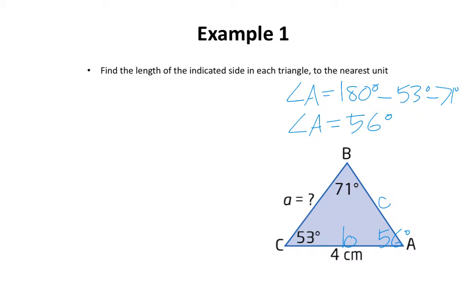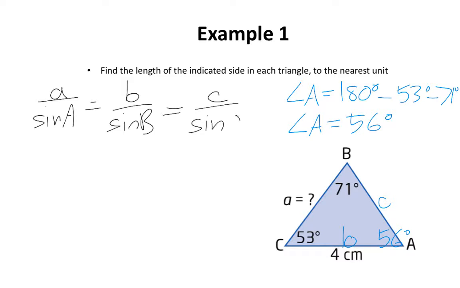Once you've completed your diagram, let's rewrite our formula. So I have side length of A over sine of angle A, side length of B over sine of angle B, and I have side length of C over the sine of angle C. You want to substitute in your known values. Since I am looking for the value of A, that's going to stay exactly the same.